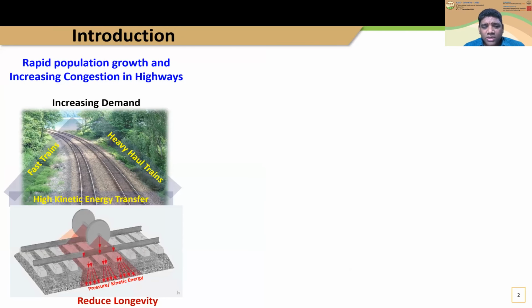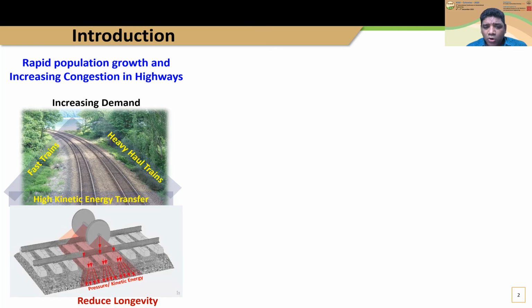Starting with the introduction: rapid population growth and increasing congestion on highways in many countries demand fast and heavy haul trains. Whenever there are fast and heavy haul trains, the track sees a lot of high kinetic energy transferred to it, and ultimately this reduces the longevity of the track.